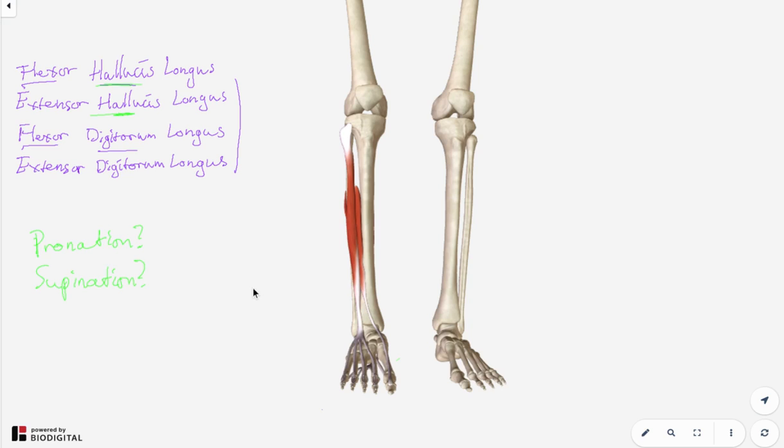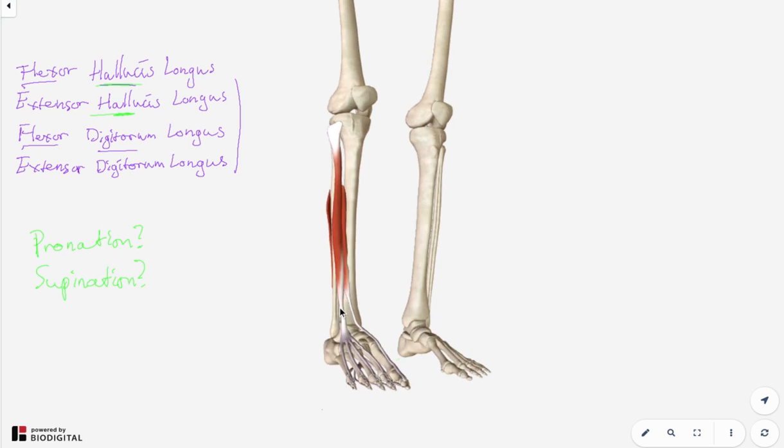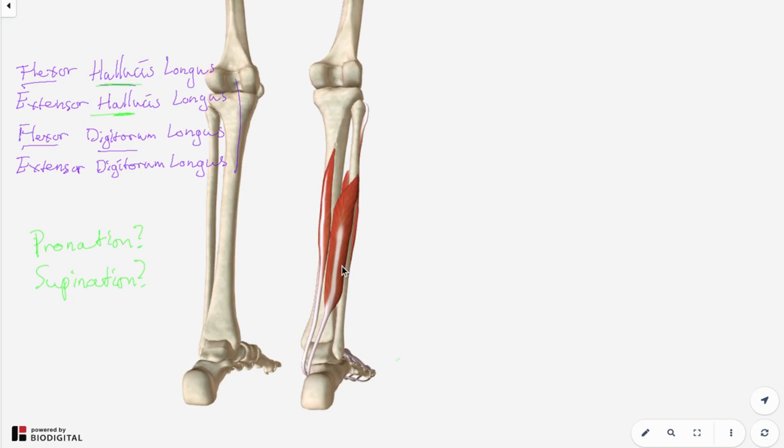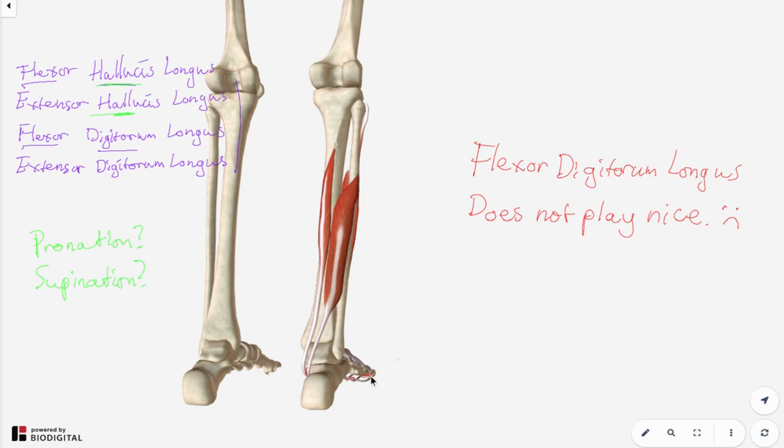So then it would make sense that the flexor digitorum longus, you would think it would do the same thing, but this one is the exception to the rule. Even though it is a digitorum muscle, if you look at the path, it actually goes on the medial side of the foot, and it still goes underneath, so it still has an action of flexion at the toes and plantar flexion at the ankle.